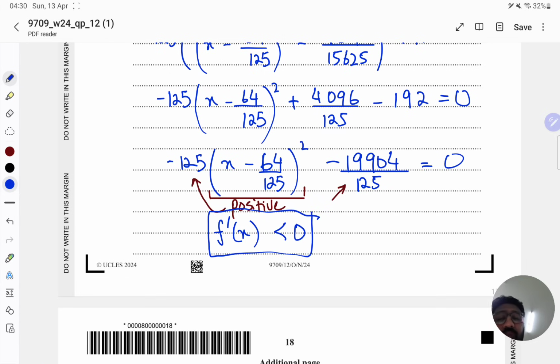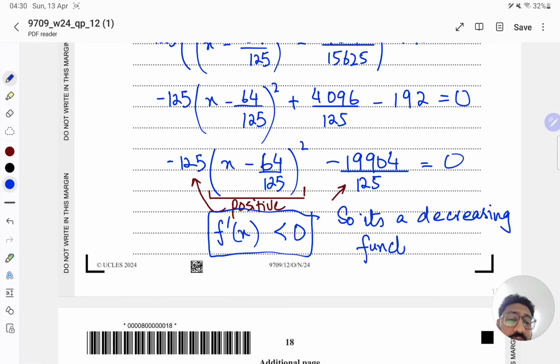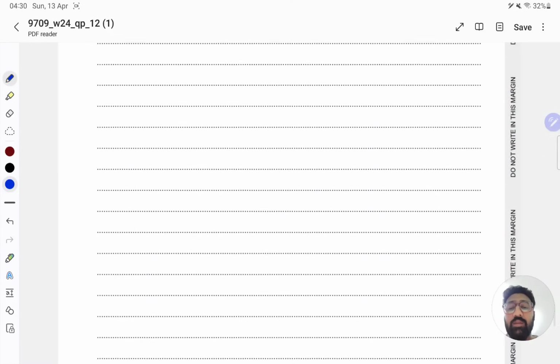It is always going to be less than 0, because positive multiplied by negative is negative, and if you subtract a negative from a negative, it is further going to decrease it. So since it is less than 0, it is a decreasing function.